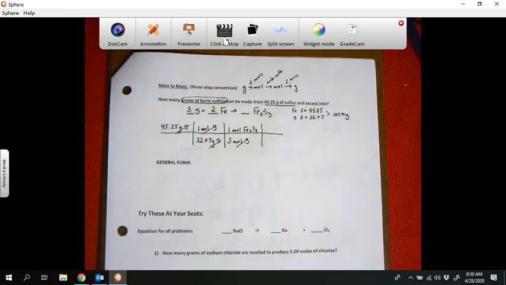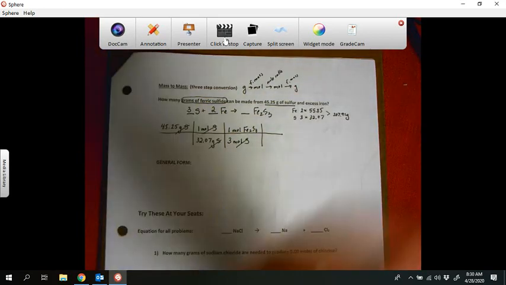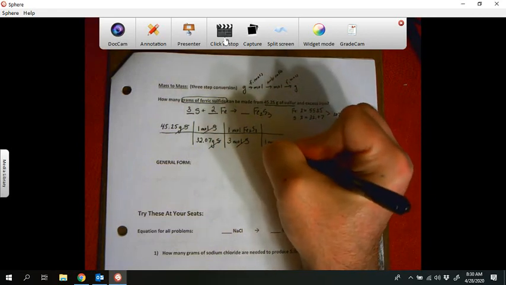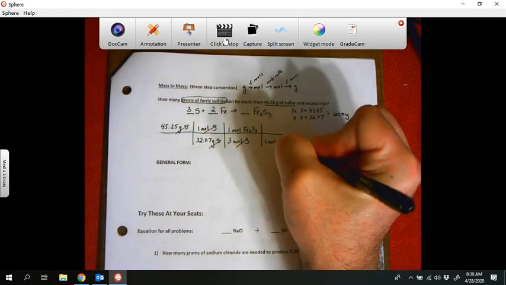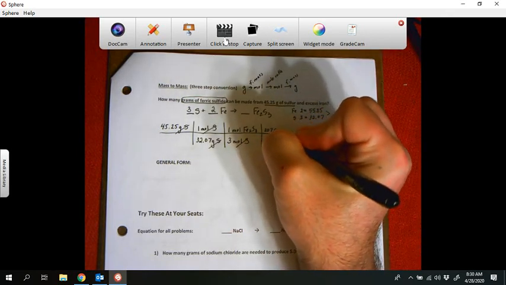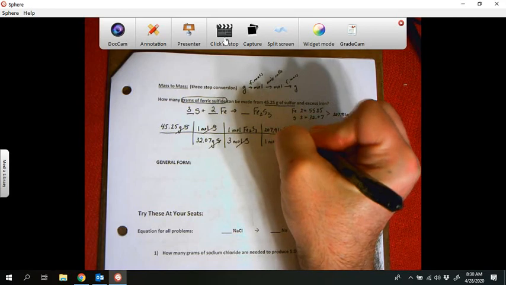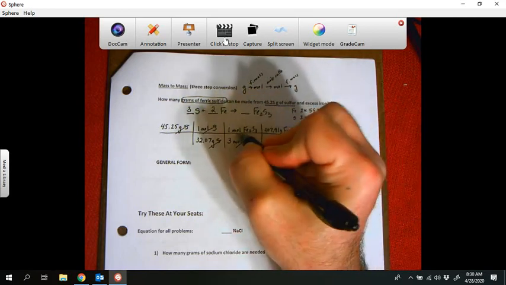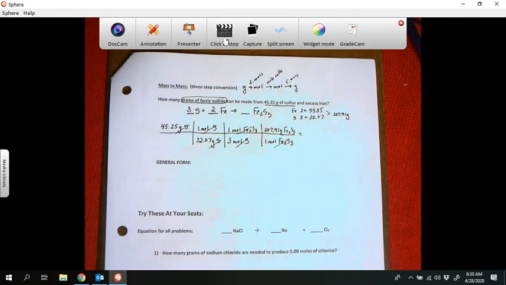And we know that that's how many grams there are in 1 mole. We want moles to cross off, so I'm going to put the 1 mole of Fe2S3 on the bottom. Now on top, I'm going to put the 207.91 grams of Fe2S3. Now my moles cross off, and I'm left with what we're looking for, grams of ferric sulfide.